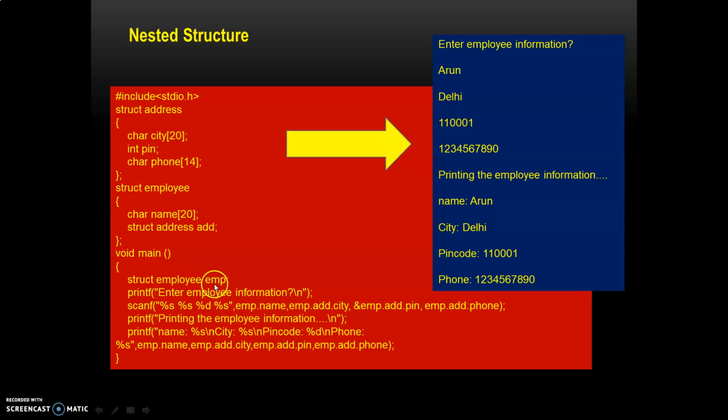It is directly taking employee.name, but whenever I am going for the address, which variable will be taken? Add. That means add will point to the address. So employee.add.city, that means employee is taking add, and add is taking this city. Employee.add.pin, employee.add.phone, that means it is taking in this way. So this is the last part of structure.